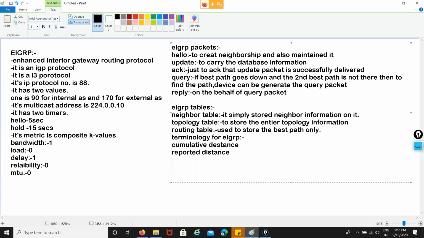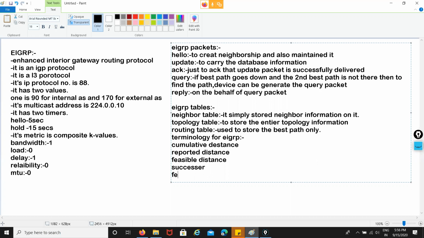Third thing is the feasible distance. Then the next term is successor.